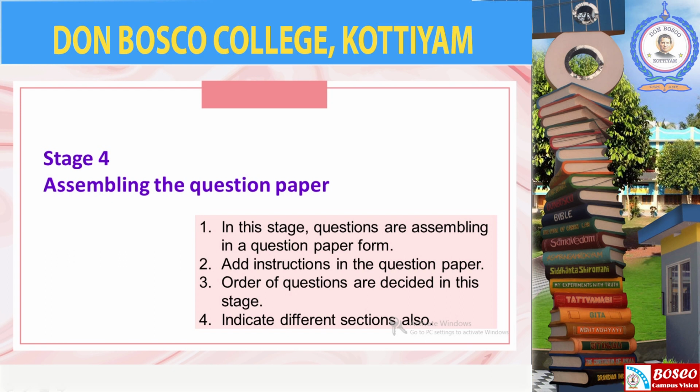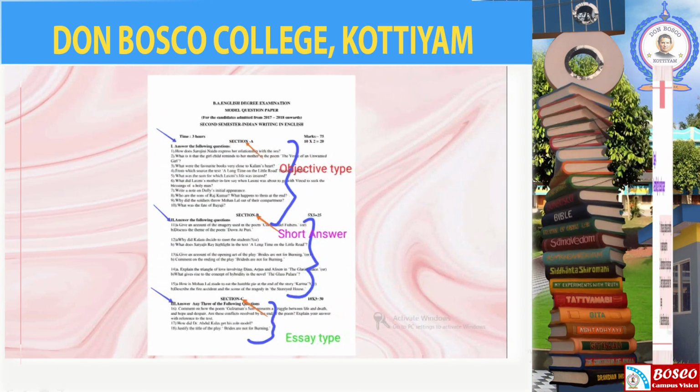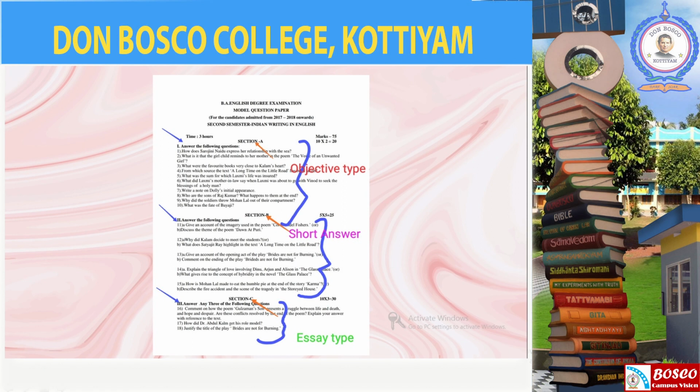And the next thing is, if the questions are divided into various sections, that is also indicated in this stage. So arranging the questions in a question paper format, that is happening in this stage, assembling the question paper. You can cross check with the example I had given in this slide. So these are the things that must be done in this stage, assembling a question paper.